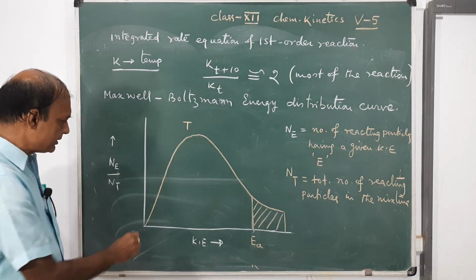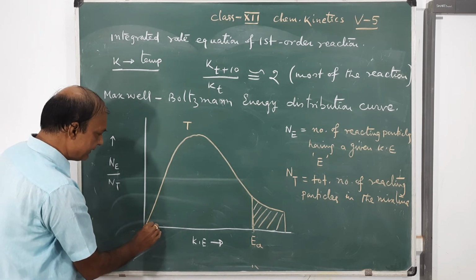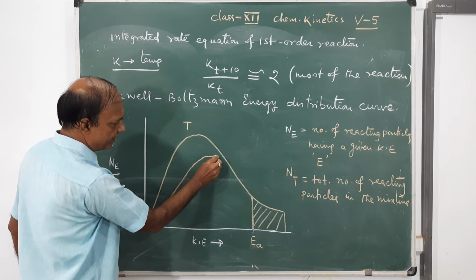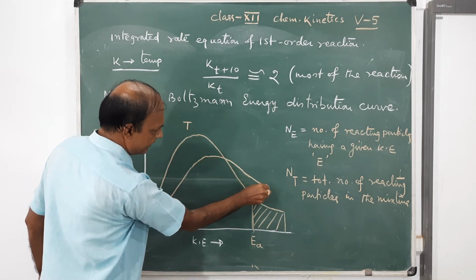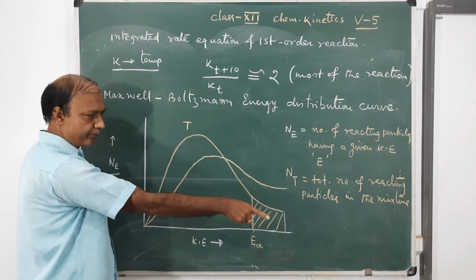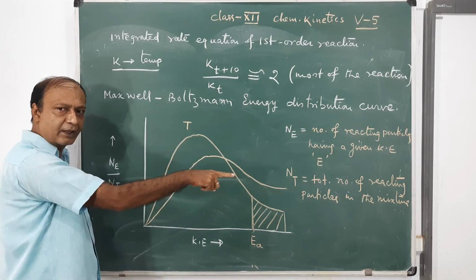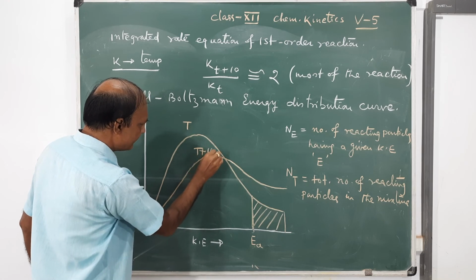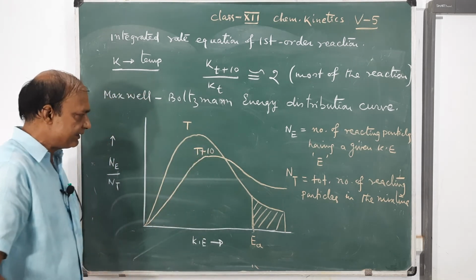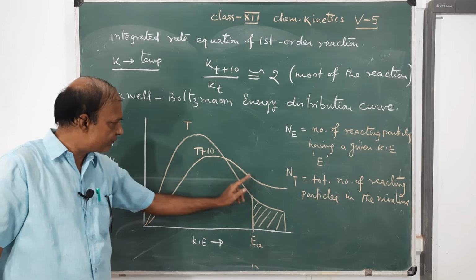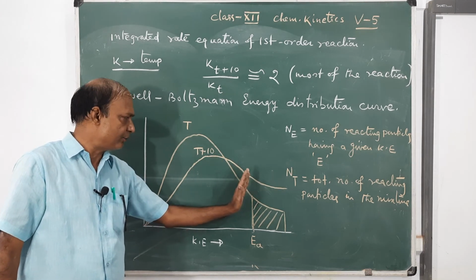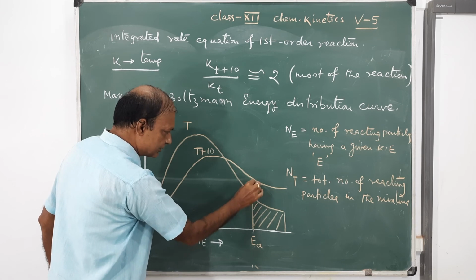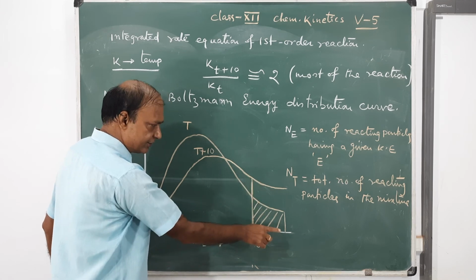Now if the temperature is increased by 10 degrees centigrade, see, it is flattened like this and shifted rightward. At T plus 10, the graph is flattened and shifted rightward, and more and more molecules are entering into this energy zone.